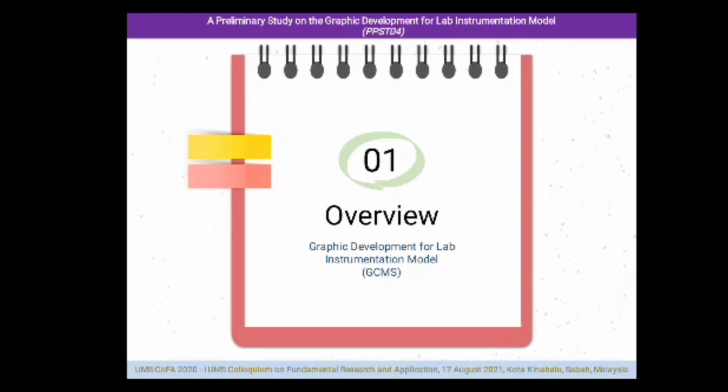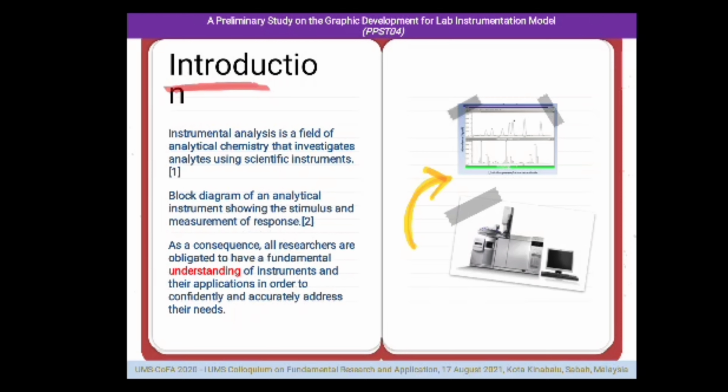For this presentation, I would like to give an overview of the graphical development for a lab instrumentation model, which in this case is the gas chromatography mass spectrometer. First, instrumental analysis is a field of analytical chemistry that investigates and analyzes using scientific instruments. Here is a block diagram of an analytical instrument showing the stimulus and measurement of response.